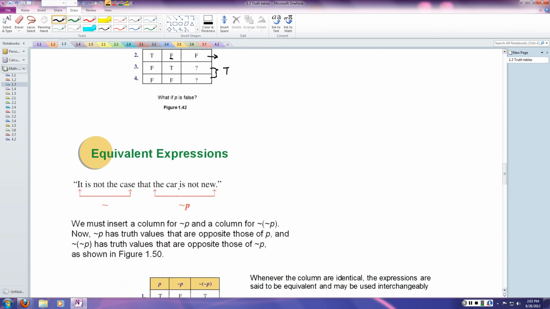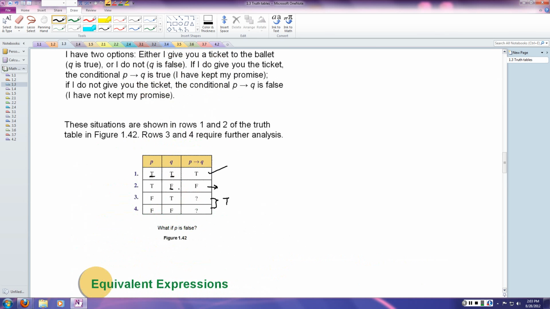So it's important to note here that this is going to turn out to be true and this is going to turn out to be true. So when you have P implies Q, when P is false, P implies Q is always true.